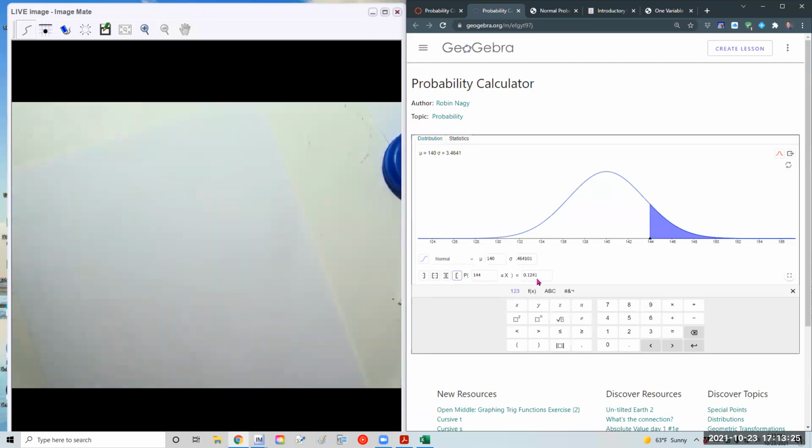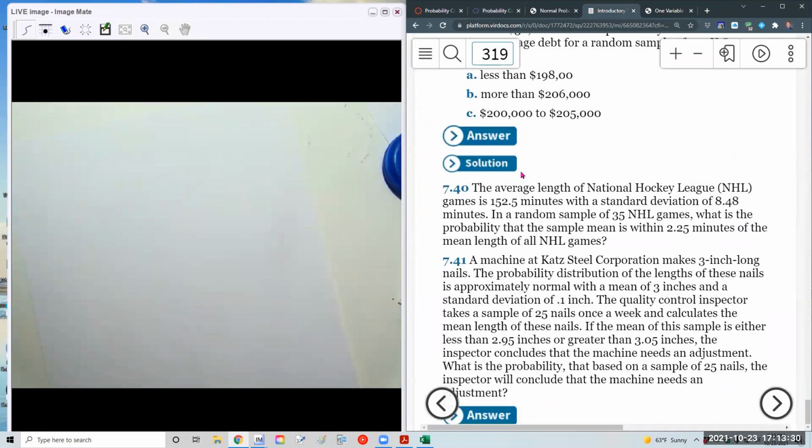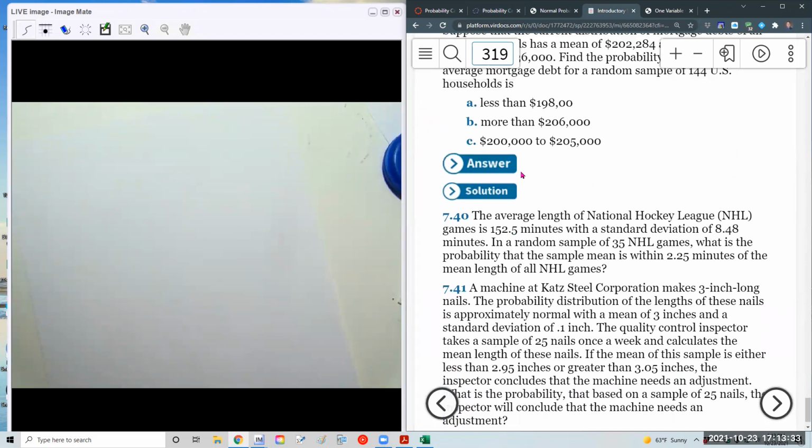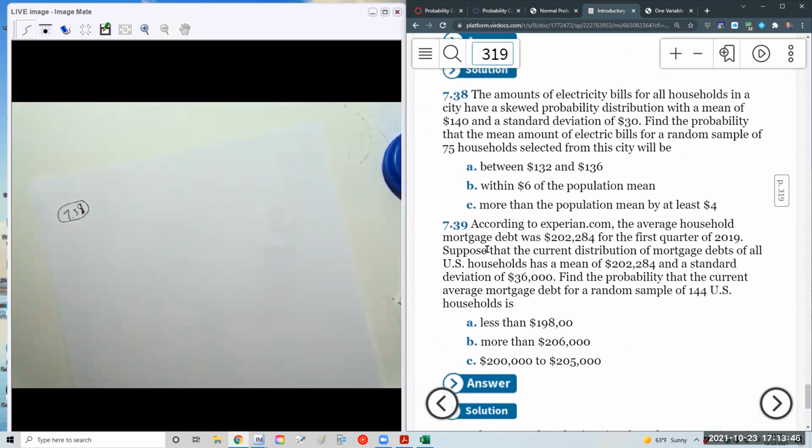For good measure, let's do another one. And let's try this one, 739. According to Experian.com, the average household mortgage debt was $202,284 for the first quarter of 2019.